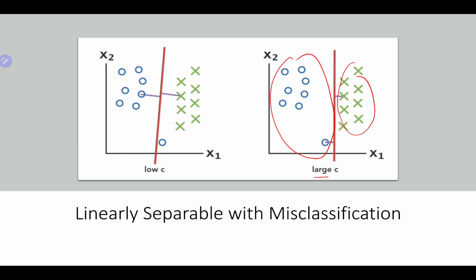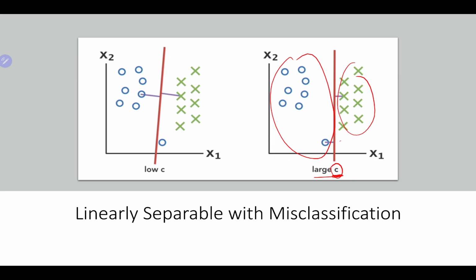But if we apply a very large C value, meaning a very large penalty value, then it will still act very similar to the hard margin case, and it will still find this line, because a very large C means, although we are giving some tolerance for misclassification, that penalty is so large that the model basically cannot be okay with some misclassification.